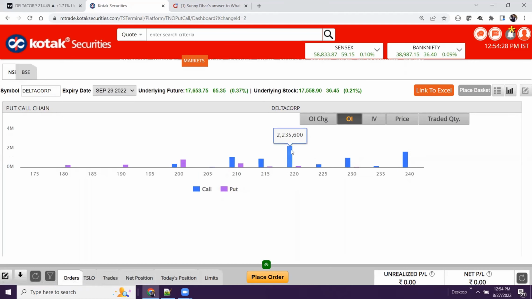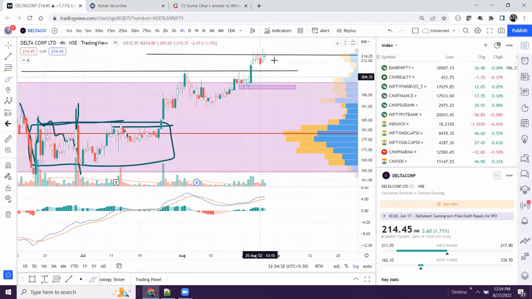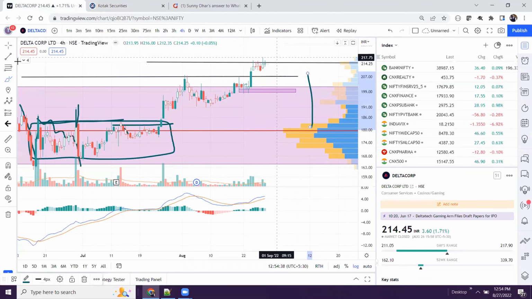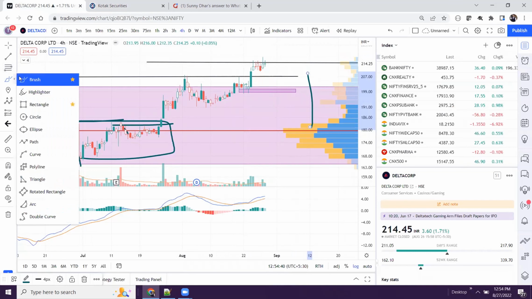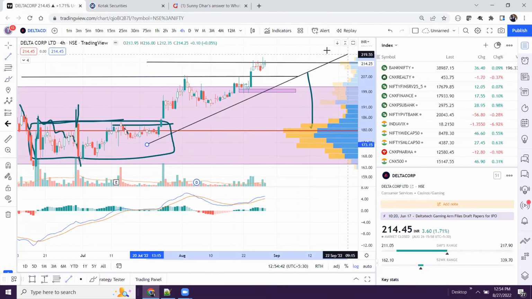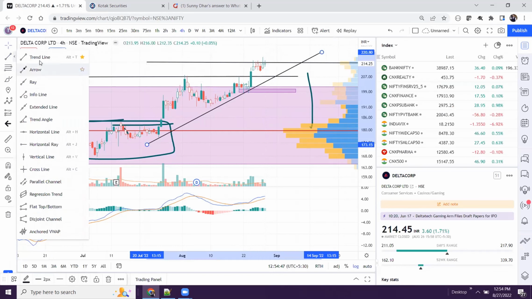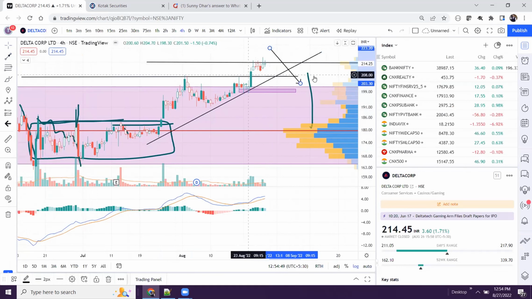So 220 is a resistance and 200 is a support. Now suppose I draw this trend line and at 220 I get this breakout, so I will take this trade.